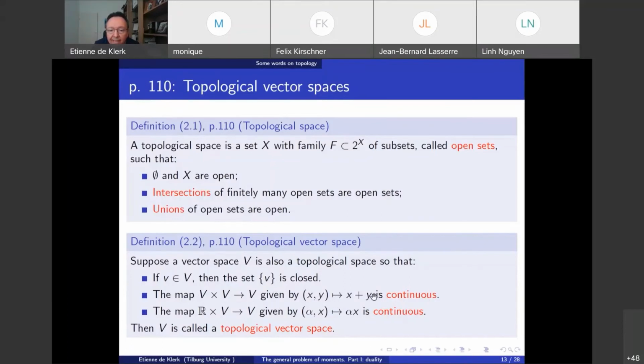The function that adds vectors together and the function that does scalar multiplication are also continuous. So we have a vector space which is also a topological vector space, and the topology has the property that singletons are closed sets and that these two types of maps are continuous maps.